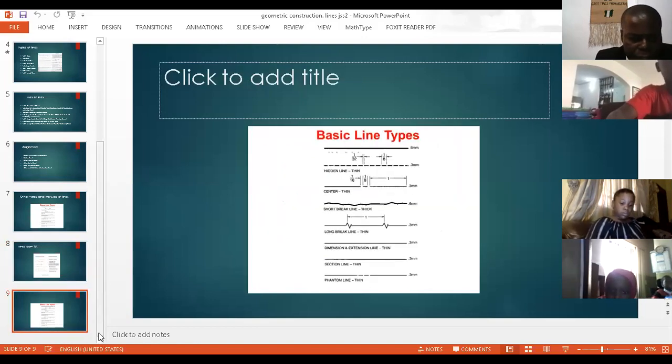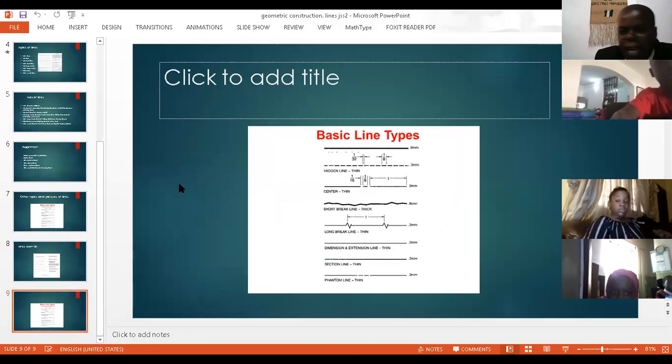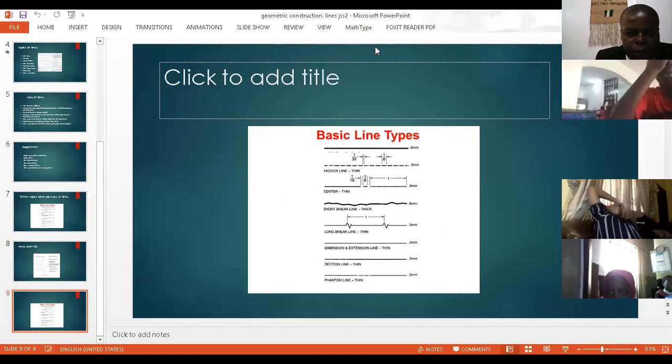Okay, we've seen this one before. So these are basically pictures of different types of lines.